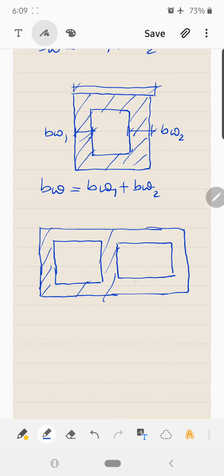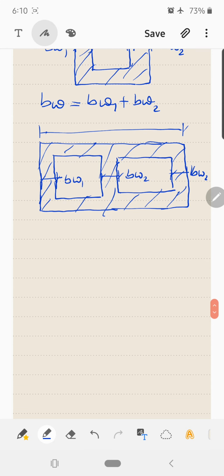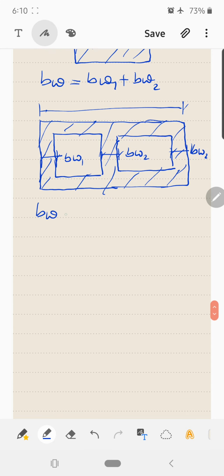So this is the double box section, this is BW1, this is BW2, this is BW3. So this will be the total width of the flange. When you get the neutral axis beyond the flange, the total width of the web is BW1 plus BW2 plus BW3. So this is how you can take the width of the flange.